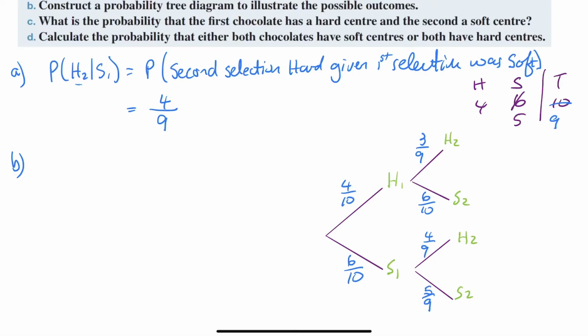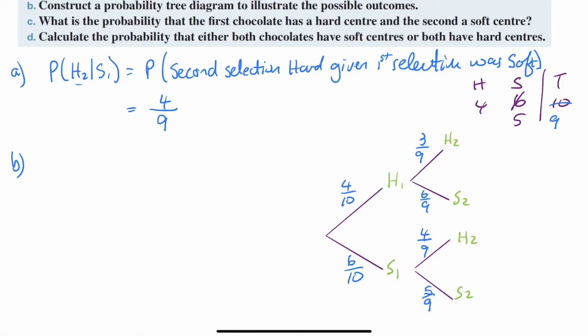Again, this needs to add up to 9, and I've made a mistake. Nobody stopped me, probably because nobody's here. Let me say this again: 3 out of 9 and 6 out of 9 must be 9 out of 9. And after the soft branch, it needs to be 4 over 9 and 5 over 9, which is 9 over 9.